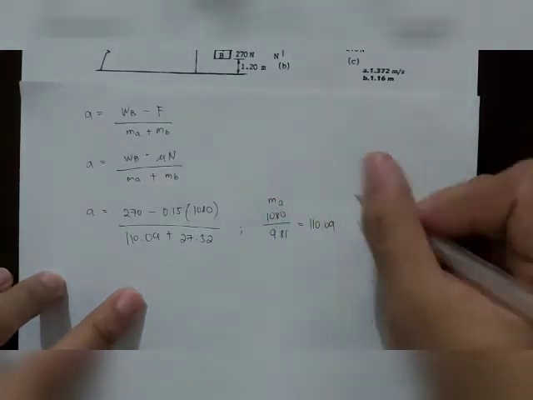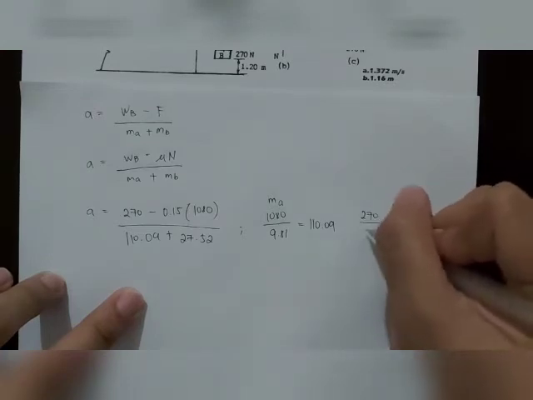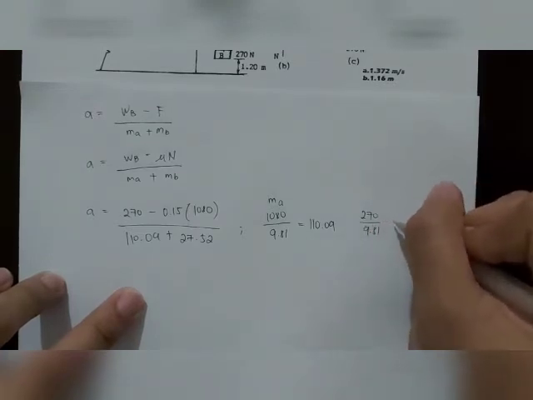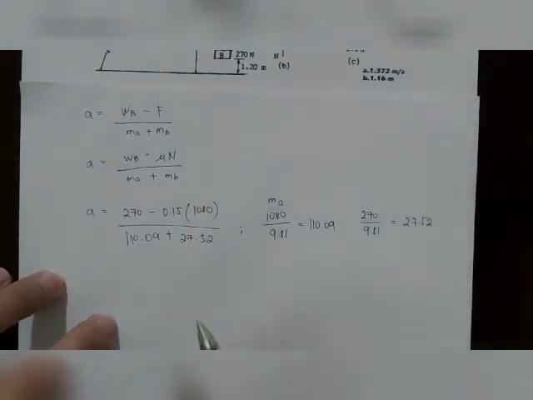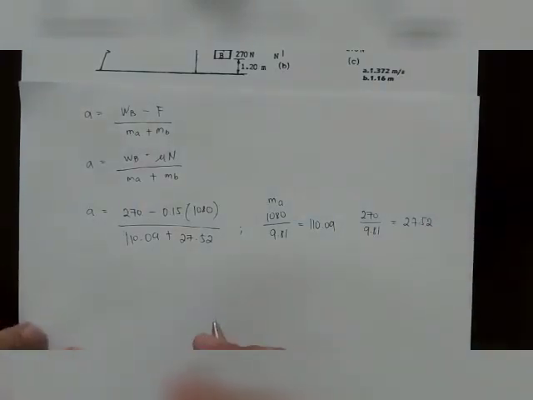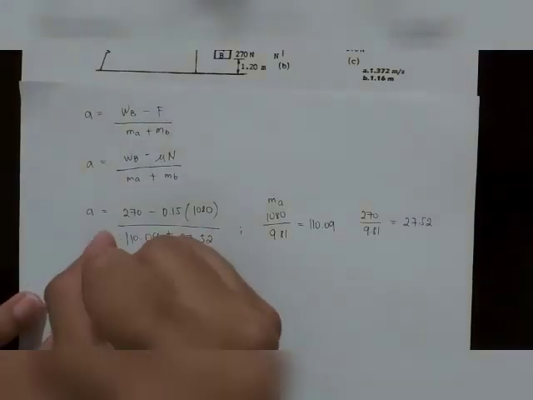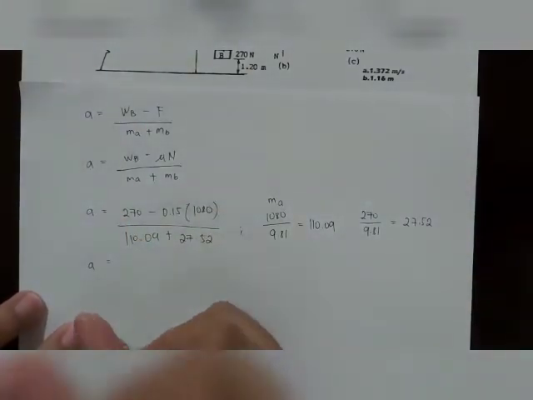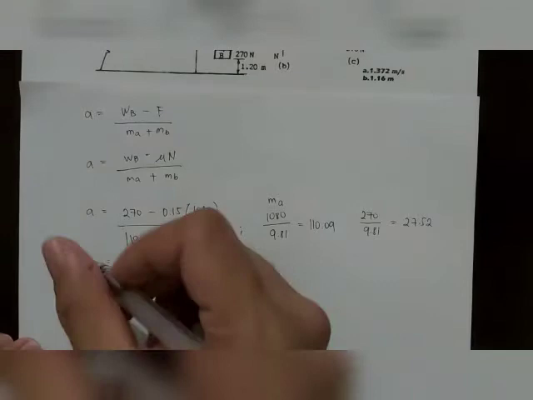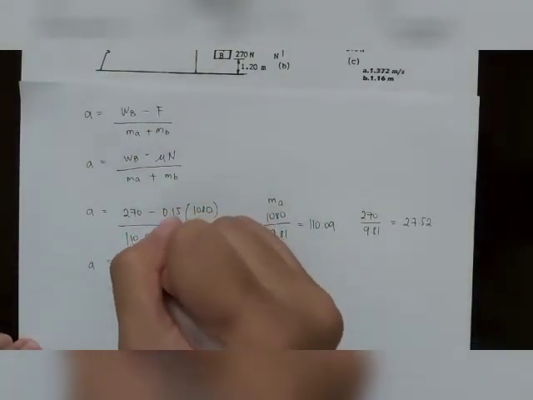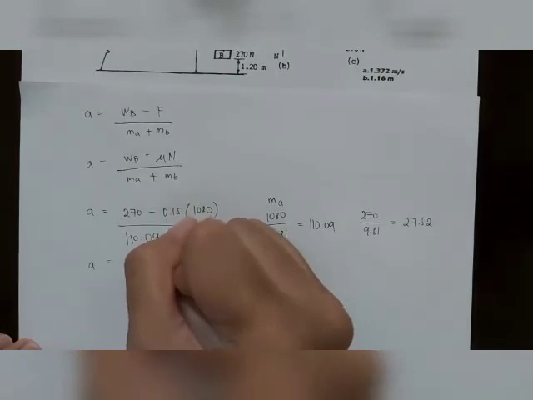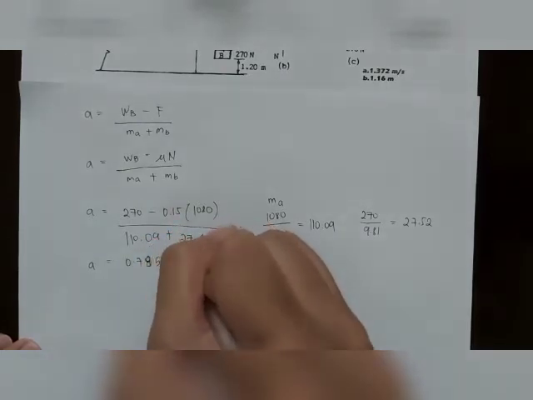Then for mass B, it is 270 all over 9.81 gravity, which is equal to 27.52. So doon natin nakuha yung values na yun. Then solving this in the calculator, we will get that acceleration is equal to 0.785 meter per second square.